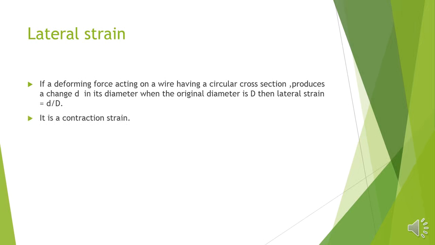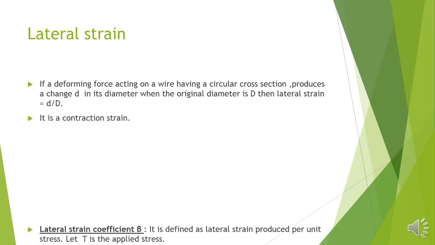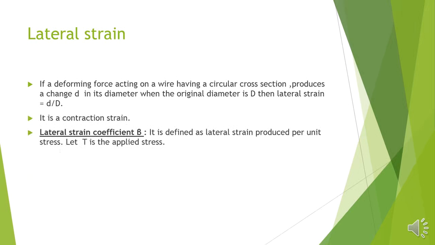It is a contraction strain. Then lateral strain coefficient beta is defined as lateral strain produced per unit stress. Let T be the applied stress. Then beta is equal to lateral strain divided by stress, that is equal to small d by capital D divided by T. We get small d divided by TD.